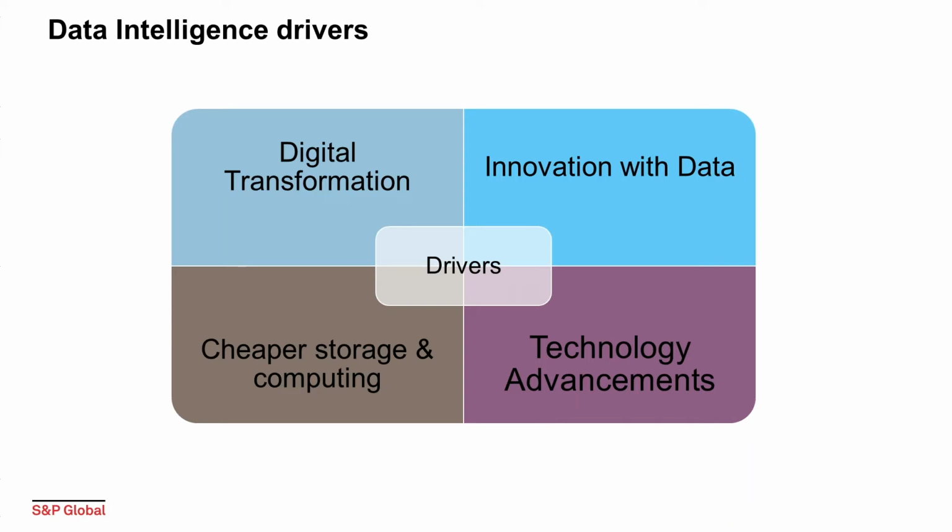There are databases that can host petabyte scale and then process petabyte scale data. So this is another area which is driving data intelligence. All of these factors combining together is giving organizations an advantage to really use data innovatively and drive value, right?